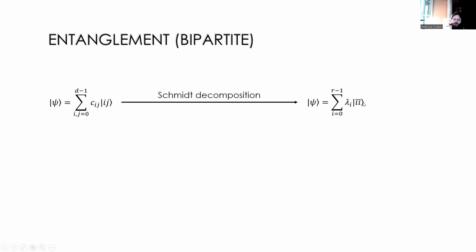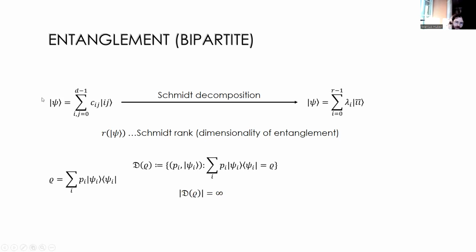I can always write every pure state as a sum of bi-orthogonal vectors, with Schmidt coefficients. And the number of the non-zero coefficients is called the Schmidt rank, or also the dimensionality of entanglement, because it's the physical dimension of the system I really need to represent the correlations of the system.